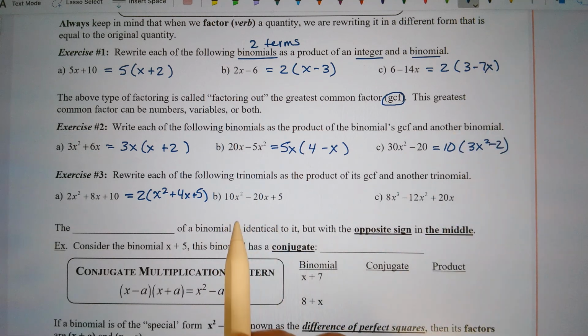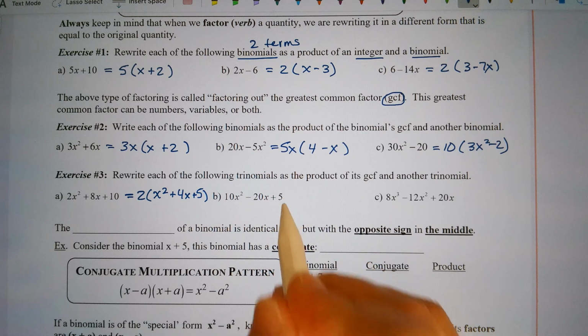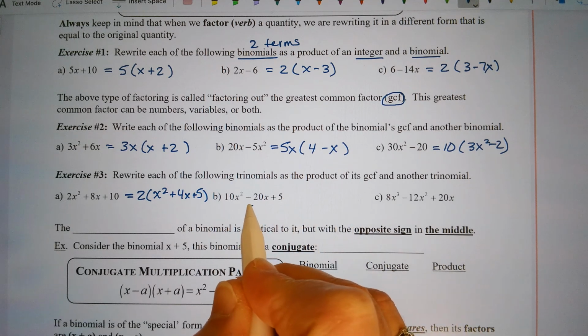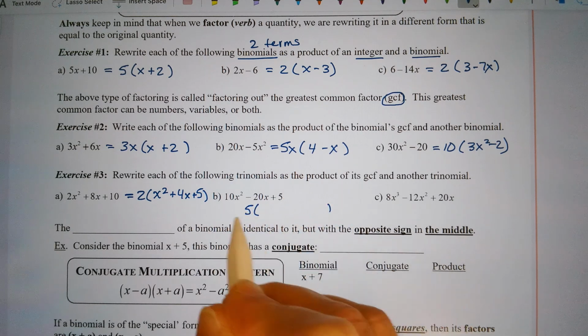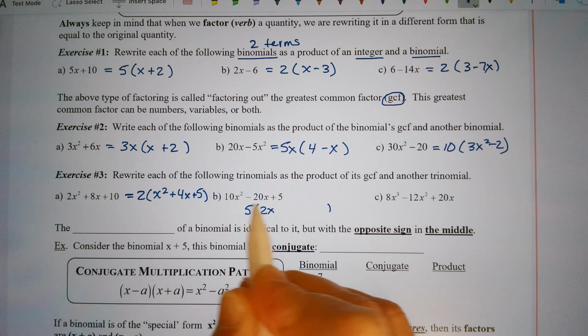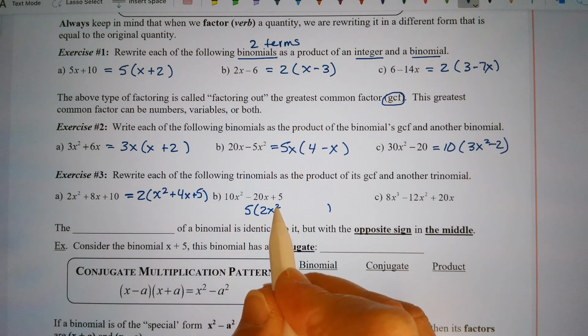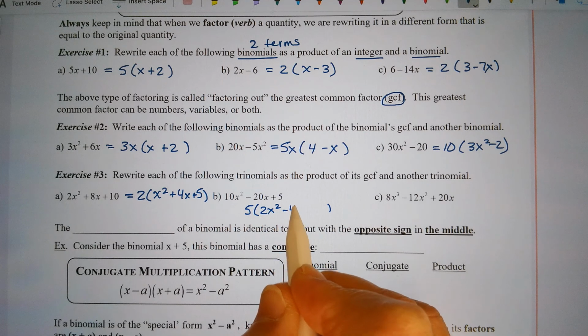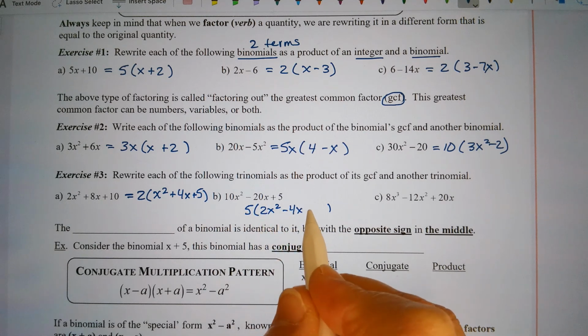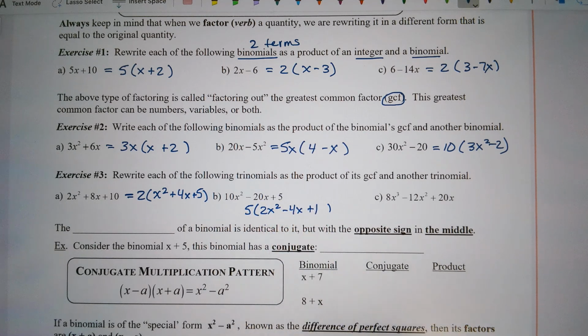B, what's common to all 3 of these terms? 5. I'll write it below. 5 times 2x squared would result in 10x squared. 5 times negative 4x would give us negative 20x, and then 5 times 1 would result in 5.